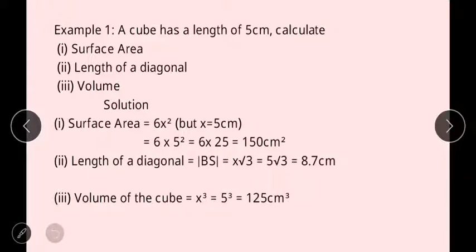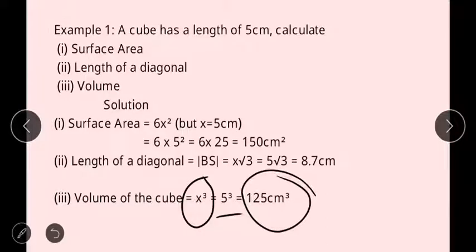To calculate the volume of a cube, the formula to do that is given as x cube. Substituting the value of x, which is 5, would make it 5 cube. And 5 cube means 5 times 5 times 5. And that is what? 125 centimeter cube. Is that taken? Good.